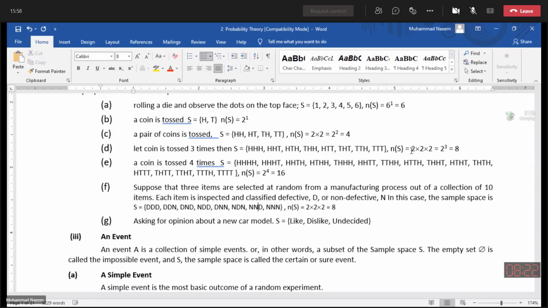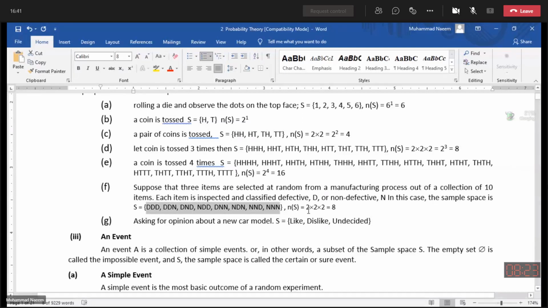So this is the example I was talking about, that if a box, a collection contains 10 items, each item is either defective or non-defective. We denote defective with D and non-defective with N. And we are drawing 3 items out of the total. So the sample space will be like this.